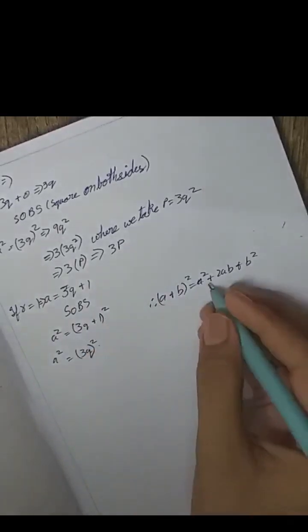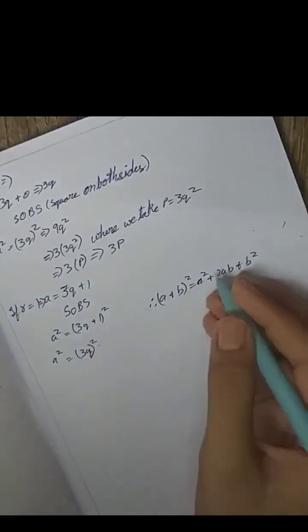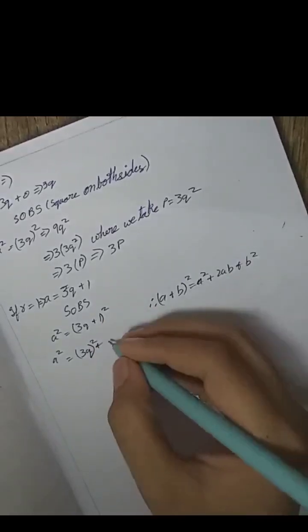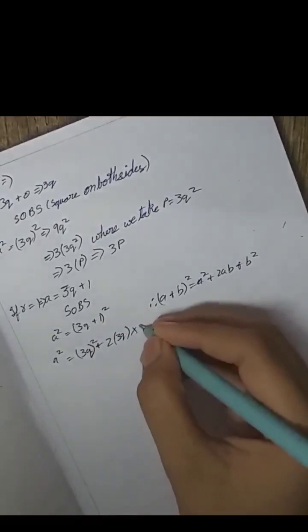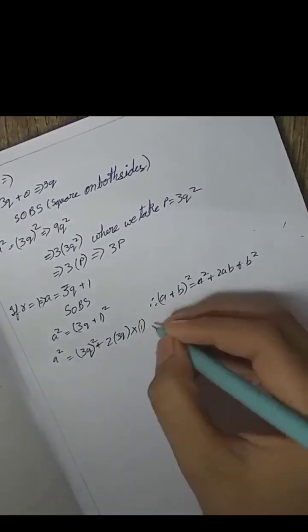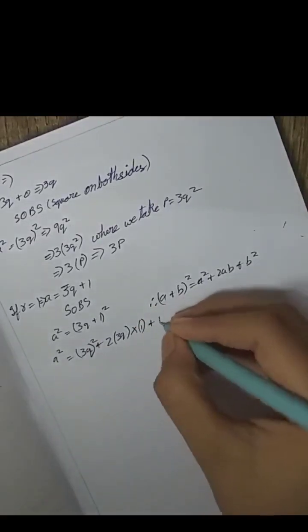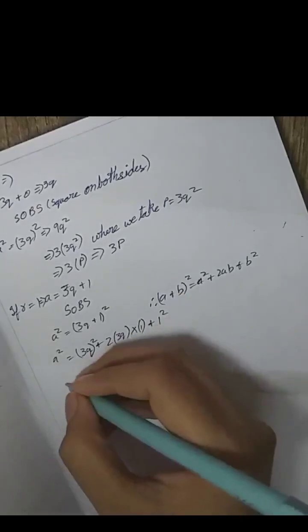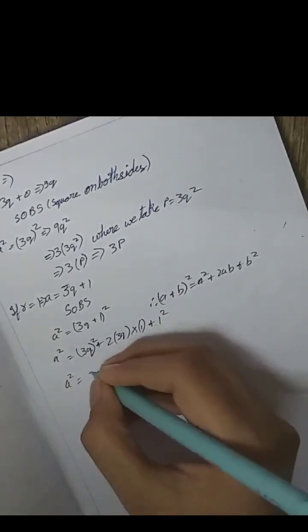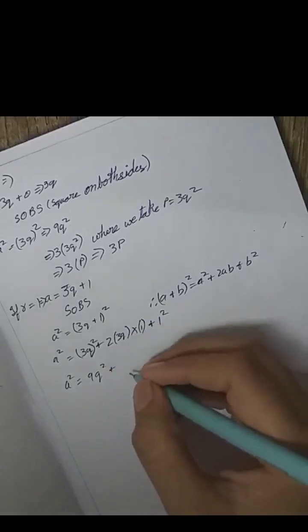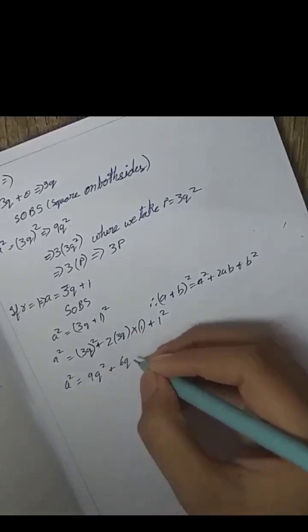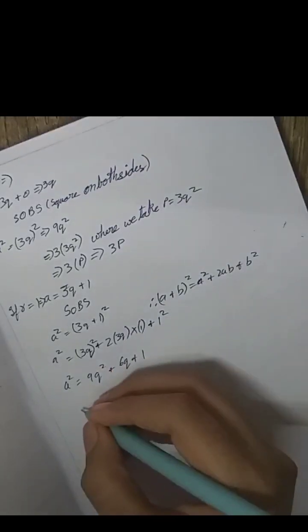Here a is equal to 3q. a square plus 2ab, 2 into 3q into 1, plus b square. Here a square is equal to 9q square plus 2 3s are 6q, 6q 1s are 6q, plus 1.